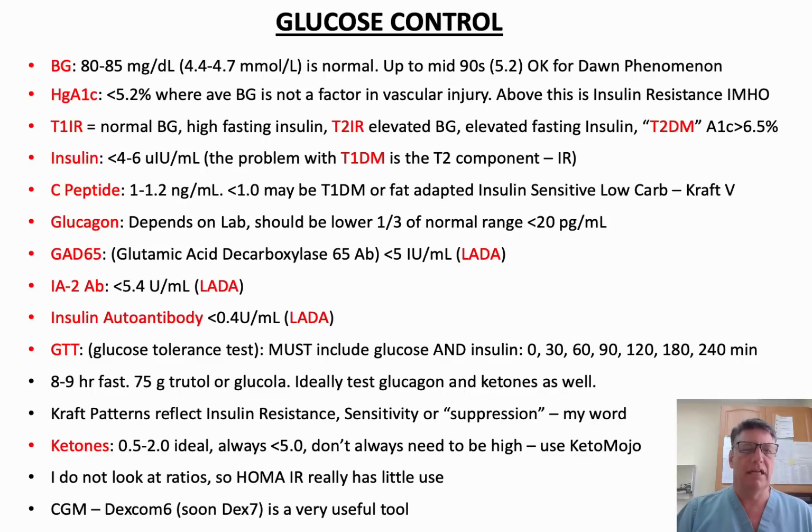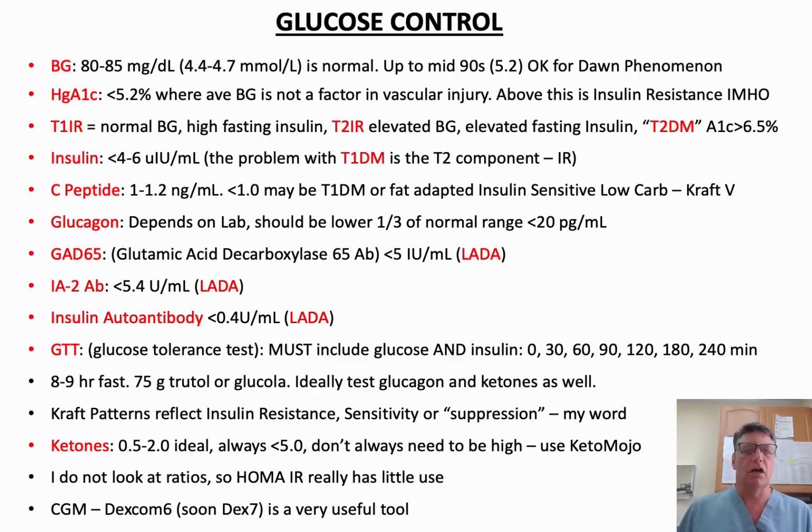Now, in parallel with insulin, we look at C-peptide, which is what the pancreas produces, and ideally we want the C-peptide to be between 1 and 1.2. If it's below 1, certainly if it's close to 0, we're looking at type 1 diabetes, or potentially we're looking at a fat-adapted, insulin-sensitive, or possibly even insulin-suppressed person on a low-carbohydrate diet, and we'll see that as a Kraft 5 graphic.